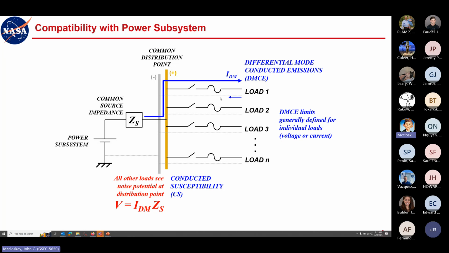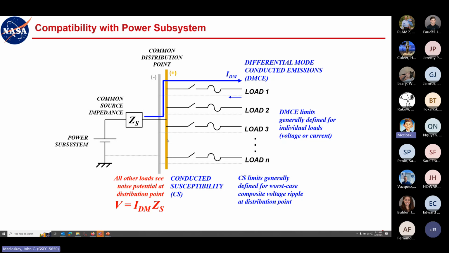So you want to define some limit for individual loads, generally in terms of voltage or current. We generally prefer current. We'll be talking about that here presently. So an individual limit in terms of current, but the current to any individual load is not ultimately what's going to be seen by everybody at the distribution point.